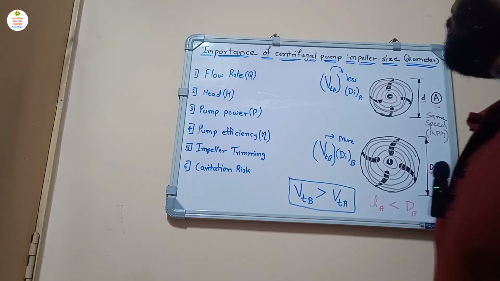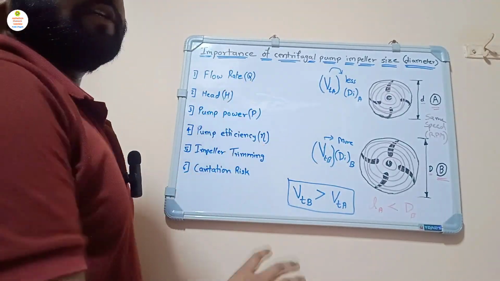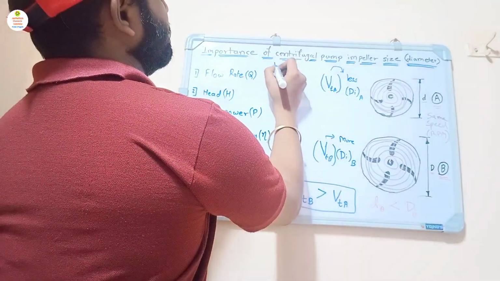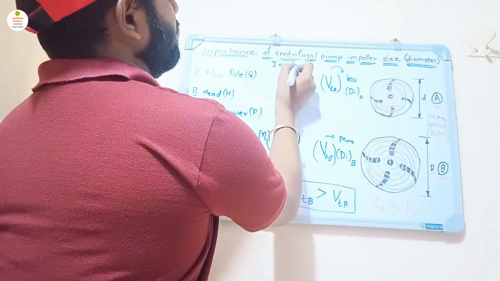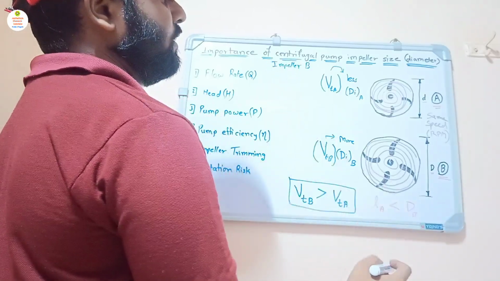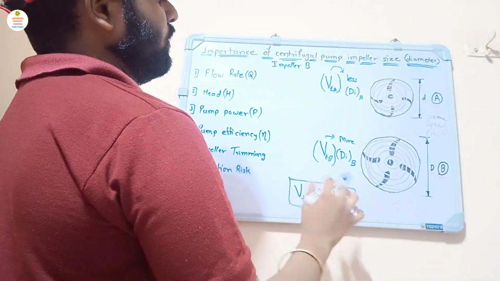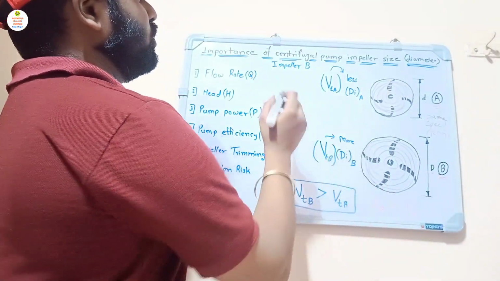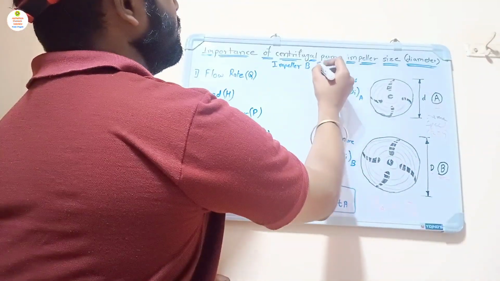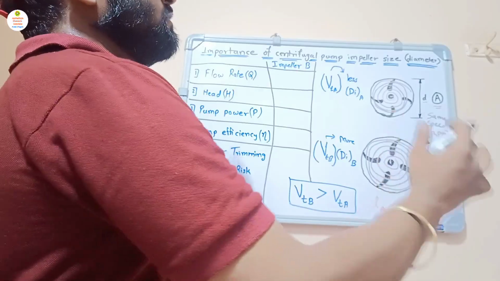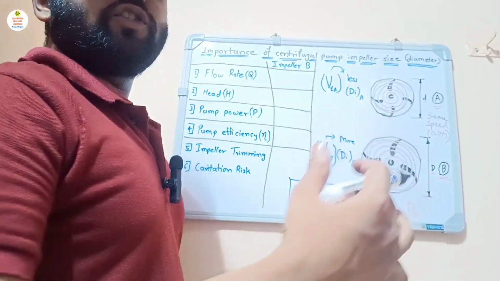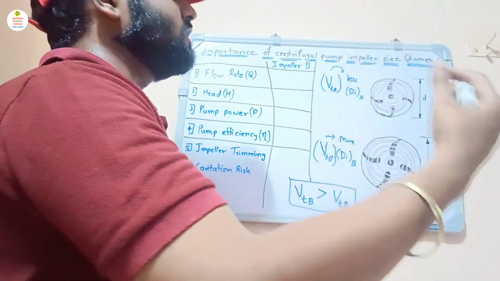To understand these six parameters, we will consider impeller B, which has larger diameter and greater tangential velocity or peripheral velocity. As the impeller diameter increases, its tangential velocity or peripheral velocity increases.